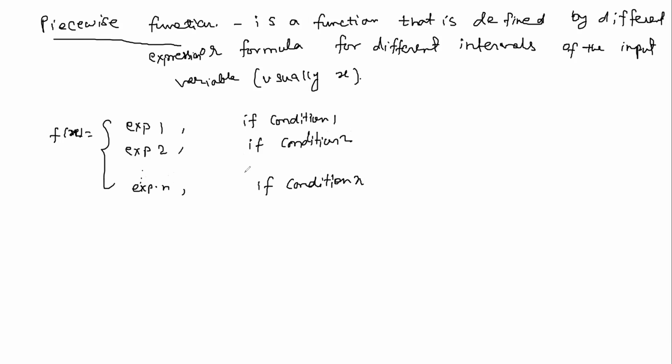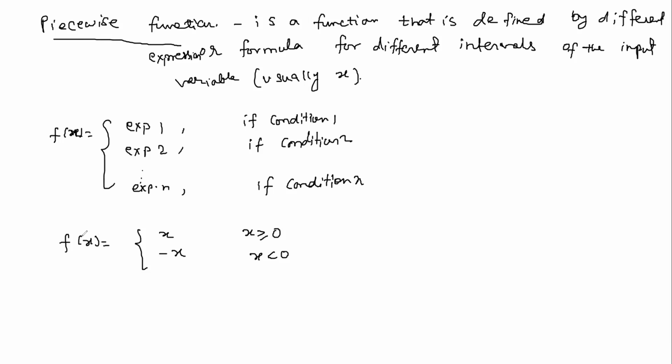For example, absolute value. Let's suppose this is x. If x is positive, then you will take positive x. If x is negative, then you will take negative x.